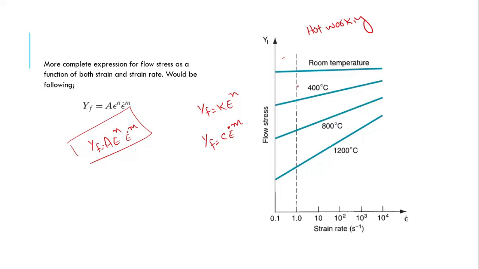But as soon as we start to increase the strain rate here, although strain hardening isn't happening theoretically, due to the strain rate the requirement of the flow stress increased in the material. This is termed strain rate sensitivity.